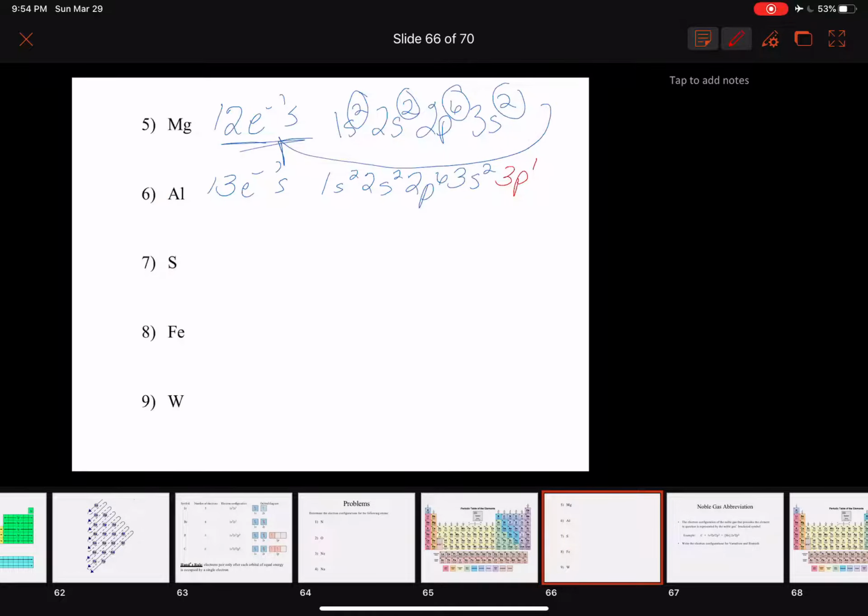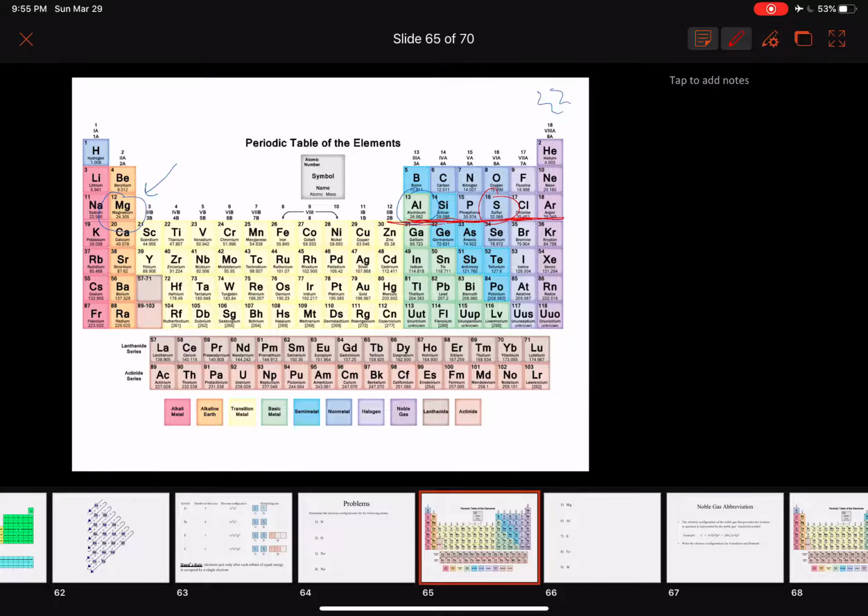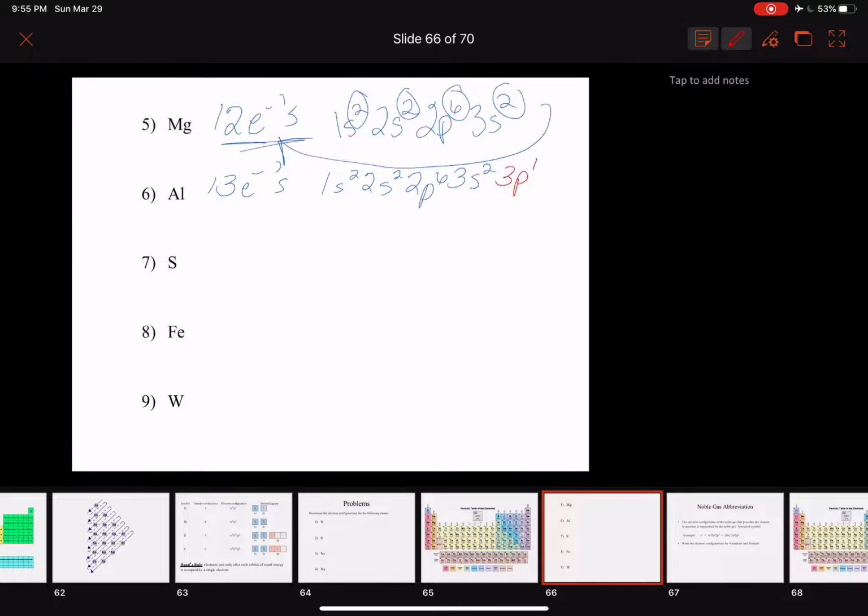Now, aluminum, we said, had 13 electrons and sulfur has 16 electrons, so we've got 3 more electrons than we did with aluminum. So the electron configuration is going to be the same as aluminum and magnesium, except we've got to place some more electrons somewhere.